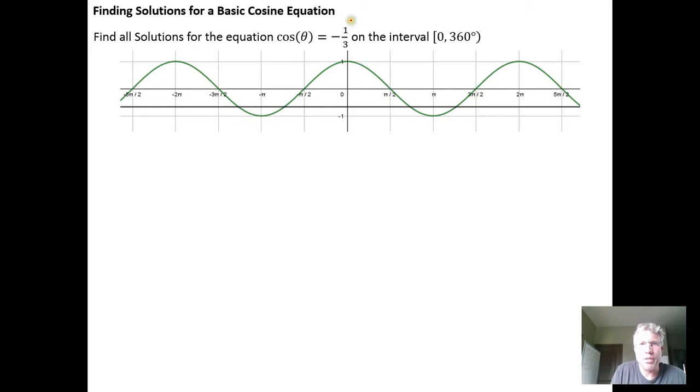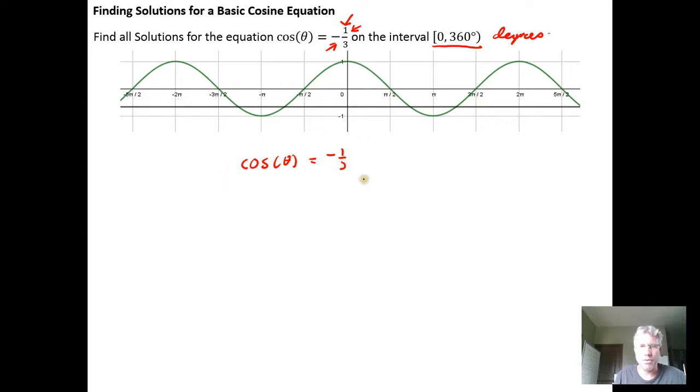So one more example. Here's an example where the side ratio isn't associated with a special angle, but the process is the same. Find all solutions for this equation on the interval from 0 to 360 degrees. I always like to just find all solutions first. We know we're working in degrees, so we get cosine of theta equaling negative 1/3.